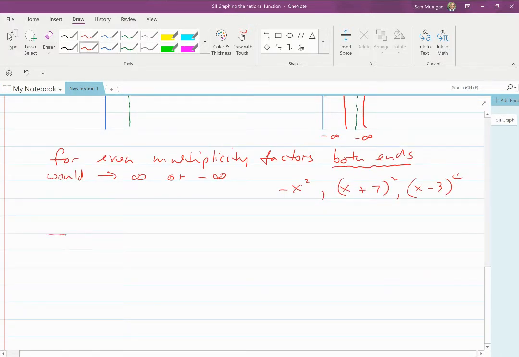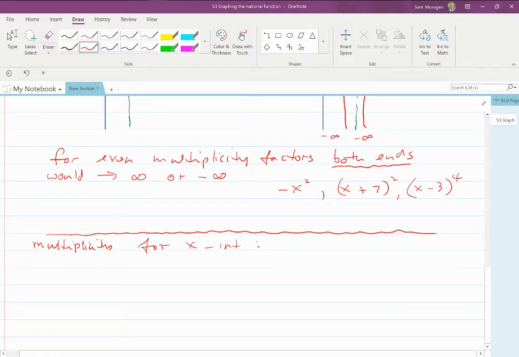Now, I don't want you to confuse this with multiplicity, which we did in chapter 5.3, multiplicity for x-intercept.